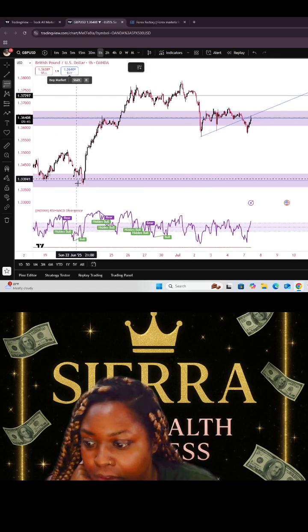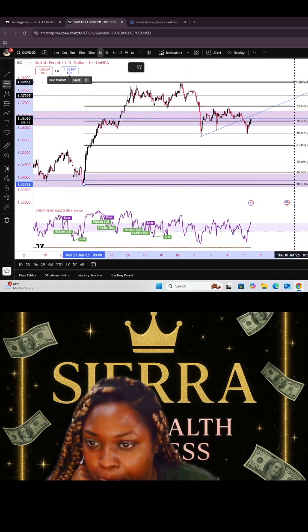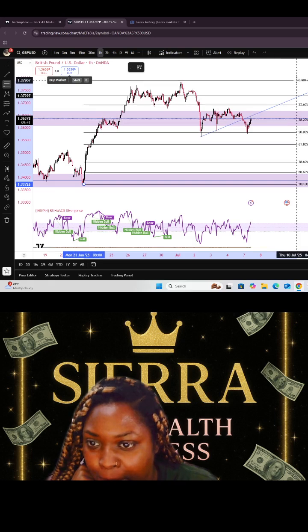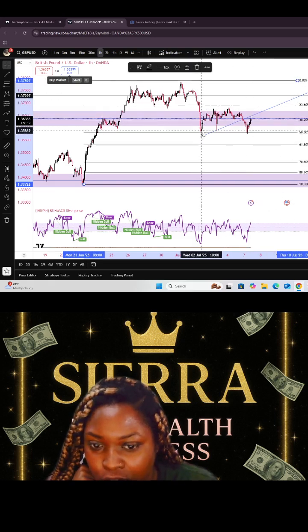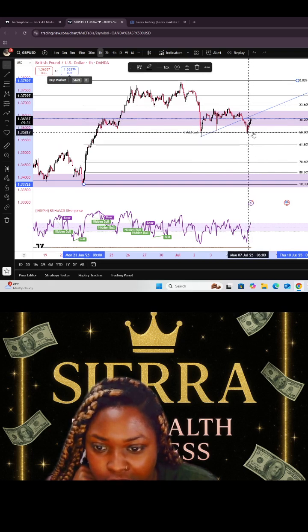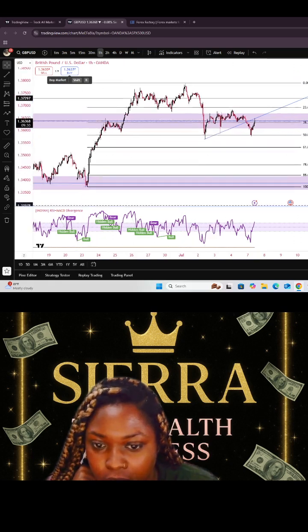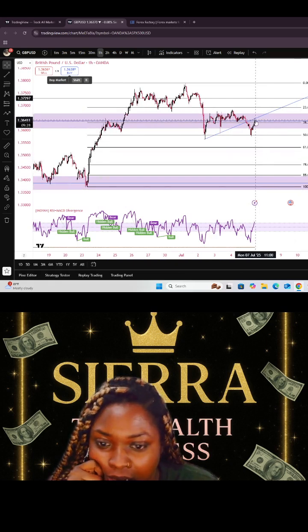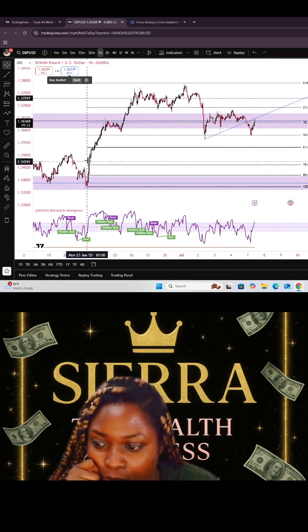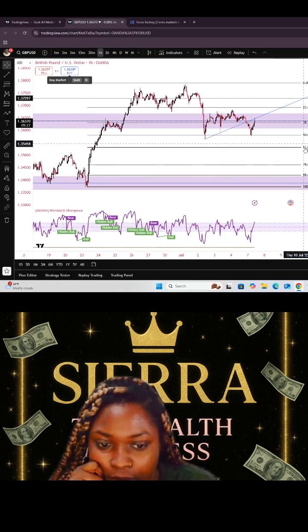I put my fib back on here so y'all can see that. It came back to the 50%, and it looked like it just touched the 50% again. As long as price doesn't break the 100%, then we're still looking for buys. It's a possibility that GU could sell off even more and come into this fair value gap.